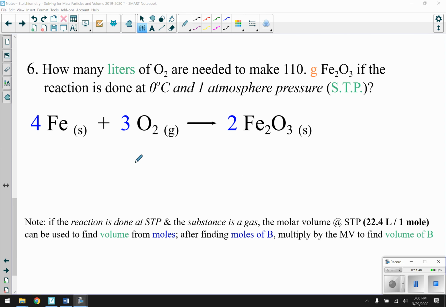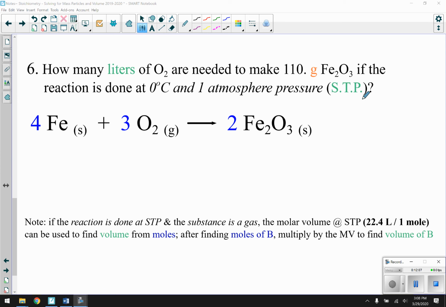You may have wondered as we were going through this, we hadn't mentioned the molar volume. Well, guess what? You can use the molar volume to calculate volume when your substance is a gas and when that reaction happens at STP. So there is a place for the molar volume. It's only a special case.